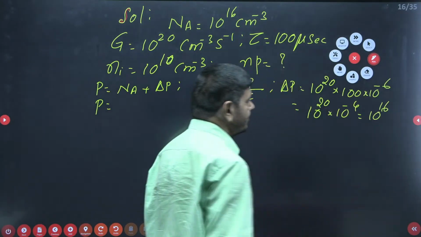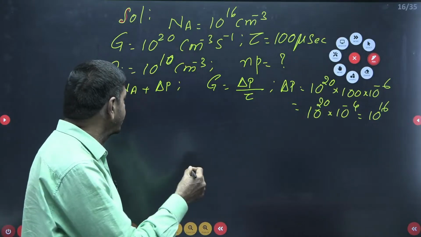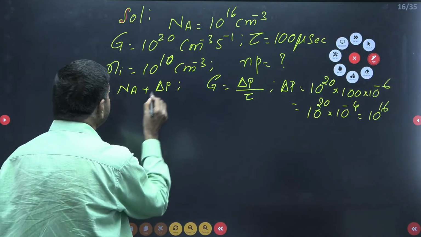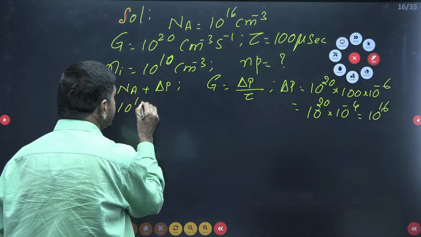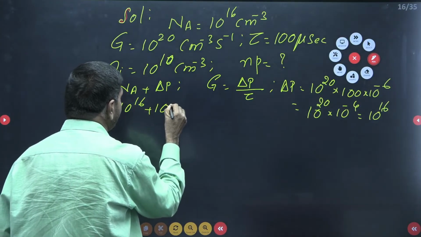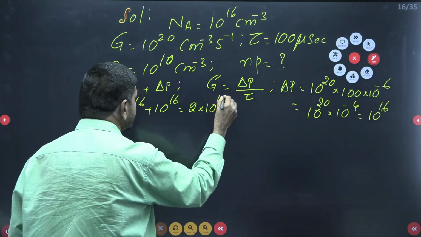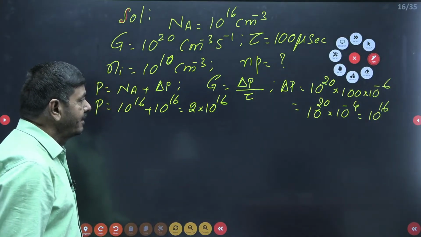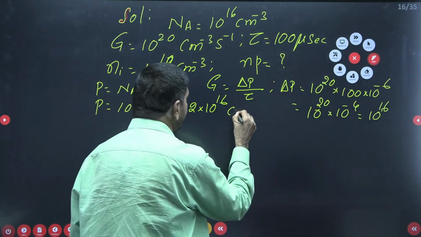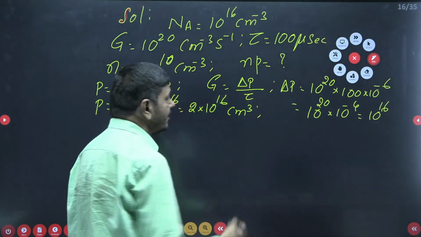That much concentration is possible. Na is 10 power 16 and this is also 10 power 16, so p is 2 into 10 power 16 per cm cube. It is increasing 2 times.